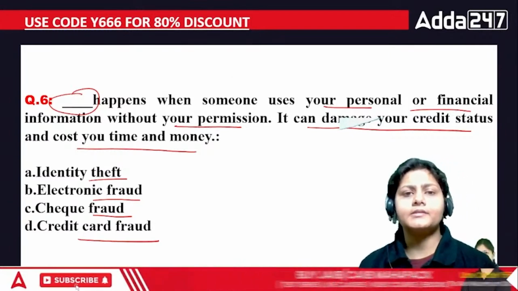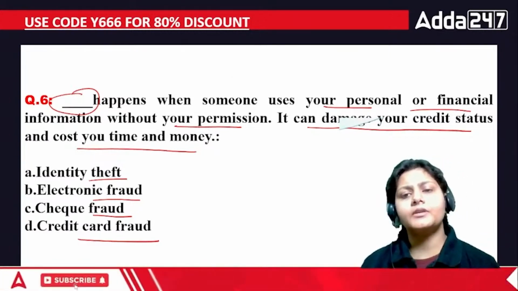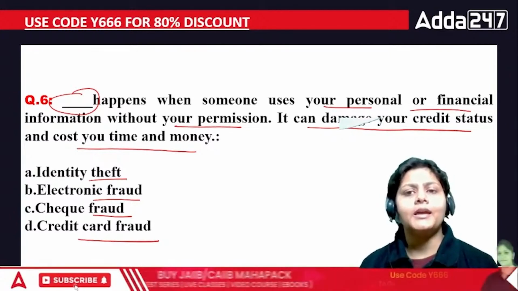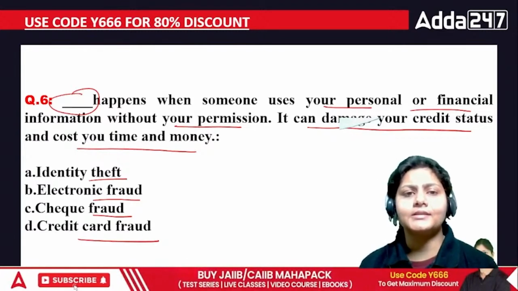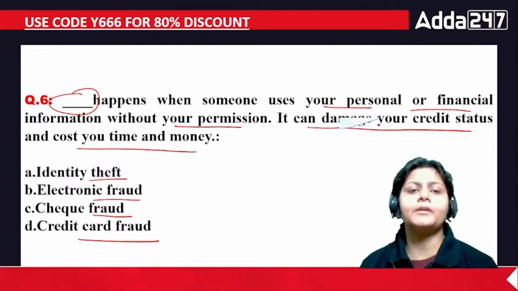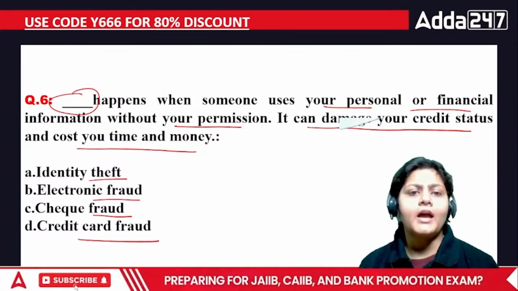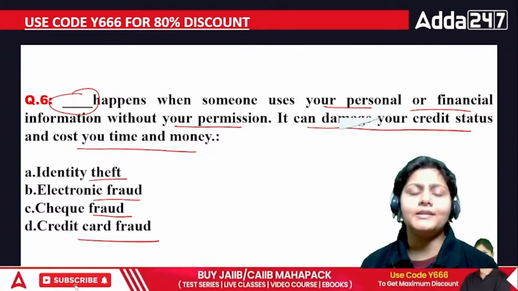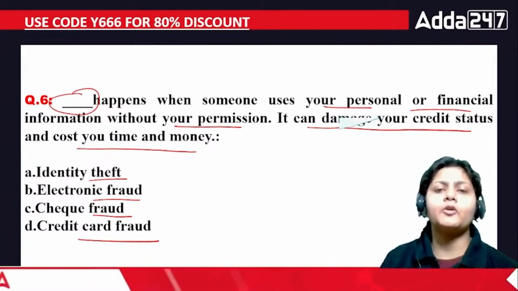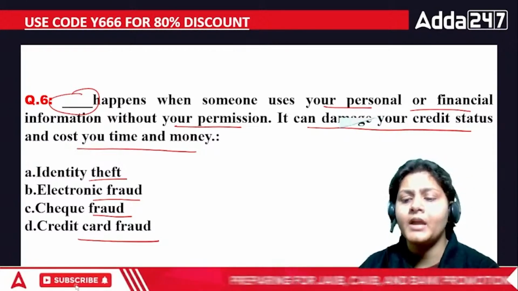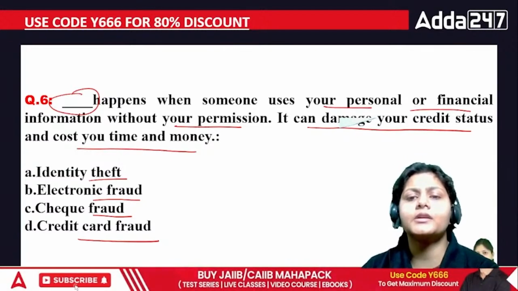What happens when someone uses your personal or financial information without your permission? It can damage your credit status and cost you time and money. When we are talking about someone using your identity, that means someone is using your address proof, your ID.